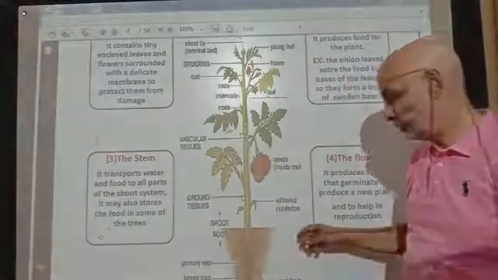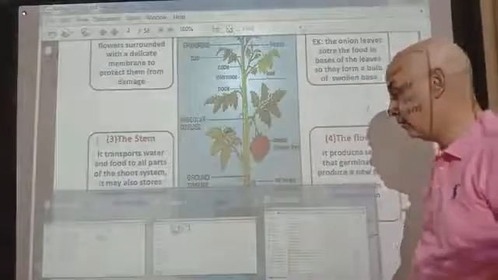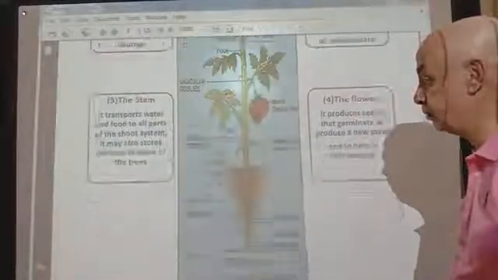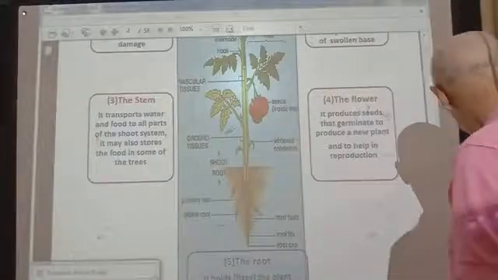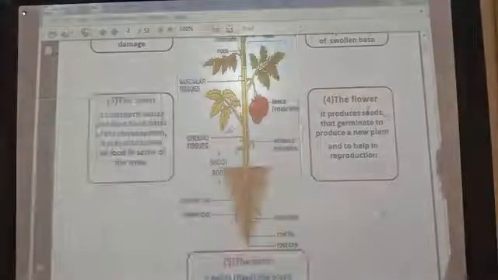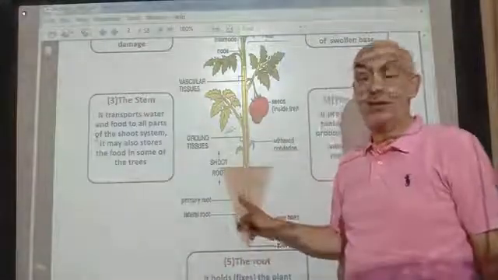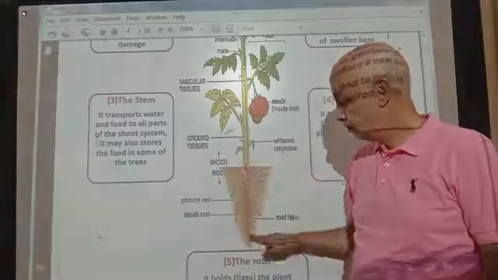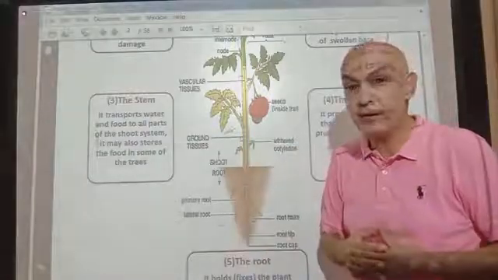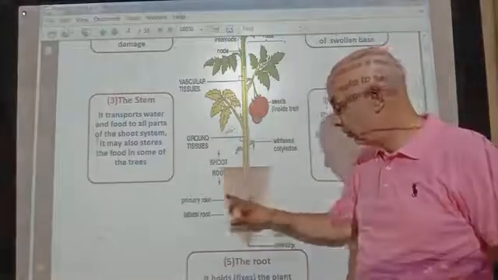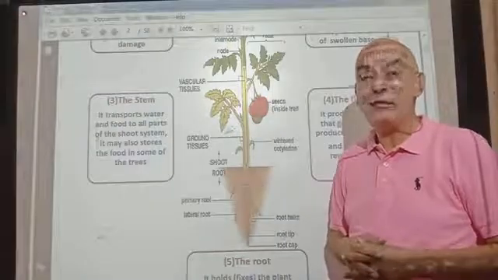If you look at part number 1, which is the root system that goes downward under the soil, you can notice that it consists of, here, we call this part of the plant the main root. And from the main root, some branches extending sideways like those. This part is called lateral roots.